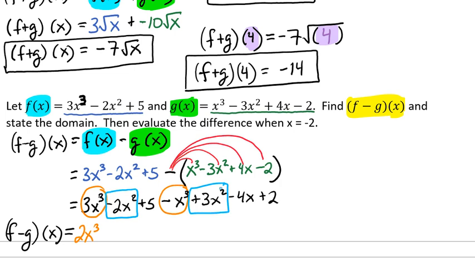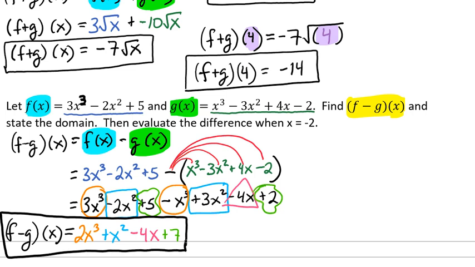And when we combine those, we'll end up with an x squared. We have a negative 4x, and that doesn't have anything to go with, so just negative 4x. And lastly, we've got our 5 and our 2. And if we add those, we get 7. And so this will be our solution of the difference of those functions. So the difference of f and g of x is 2x to the third plus x squared minus 4x plus 7.